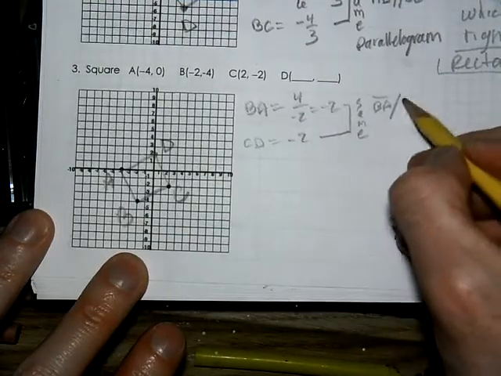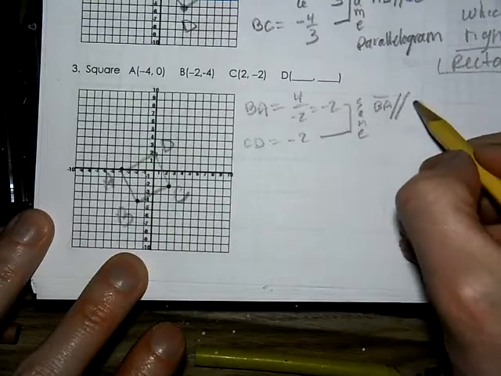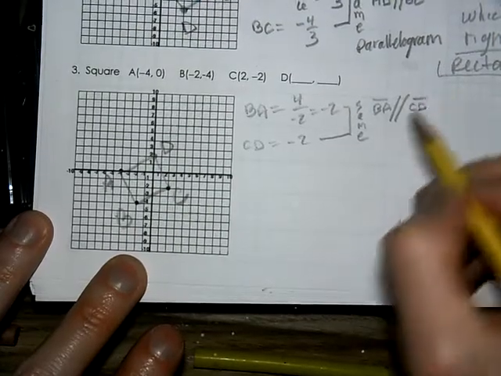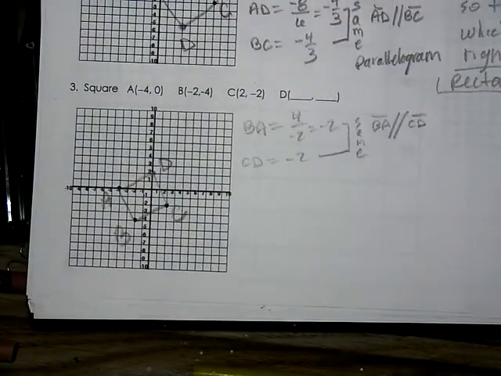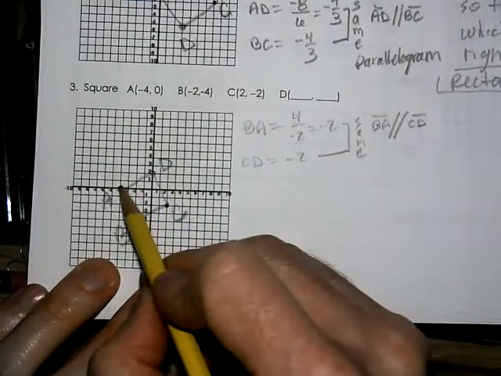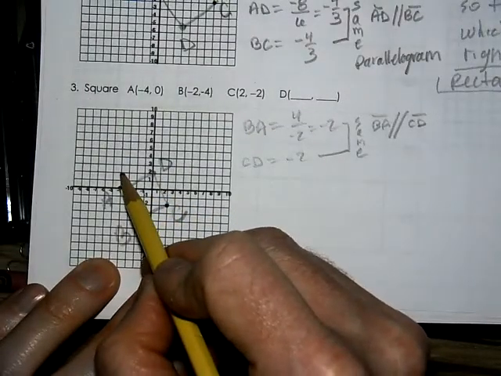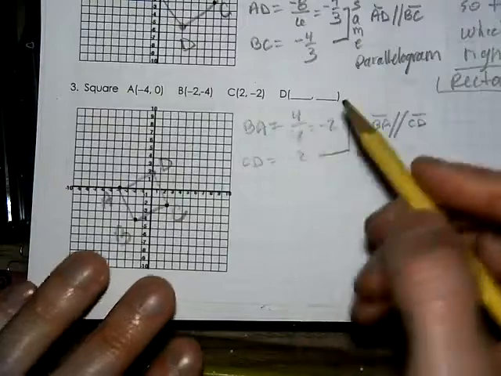Same slope makes them parallel. From AD, we're going up 2/4.